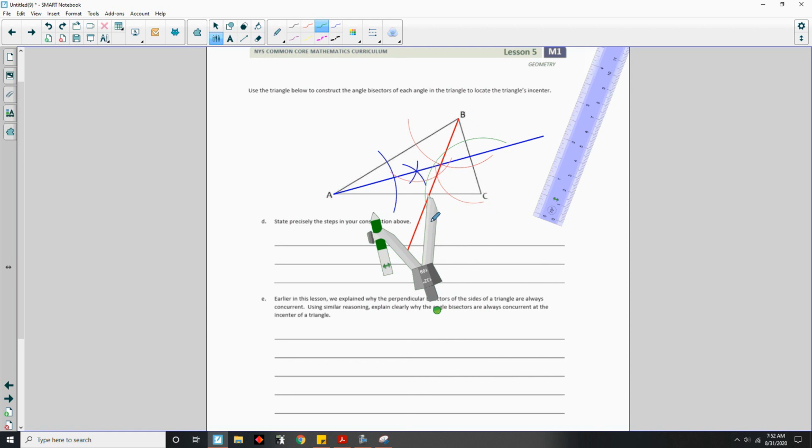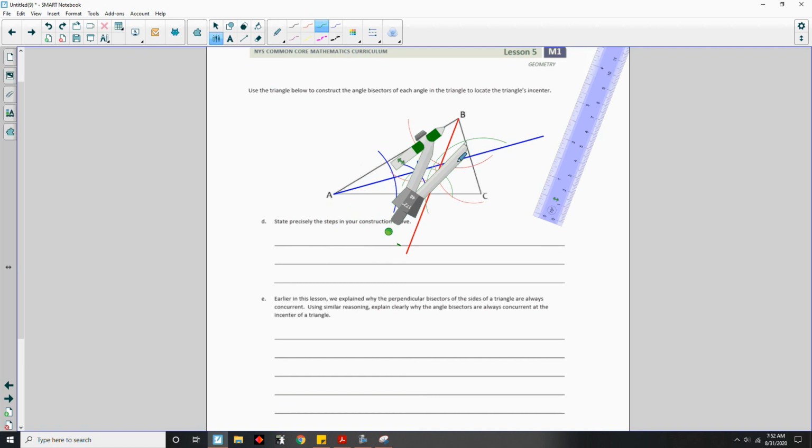Then move your compass to one of those intersections. I like to shorten this a little bit. Okay, rotate it around without drawing. Okay, so I'm in the triangle. Draw an arc like so.